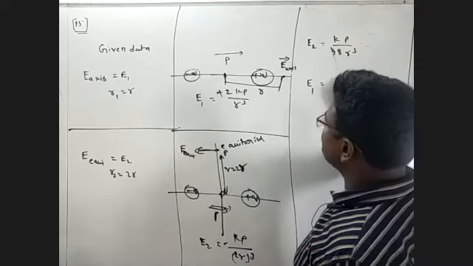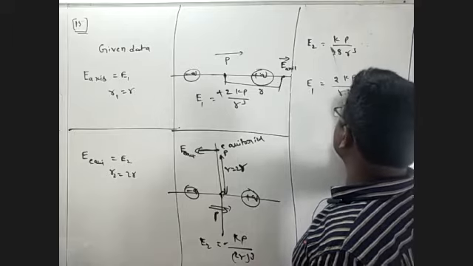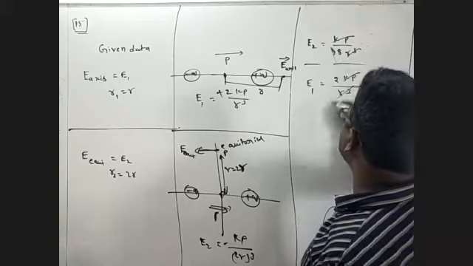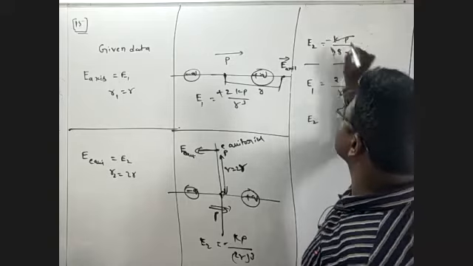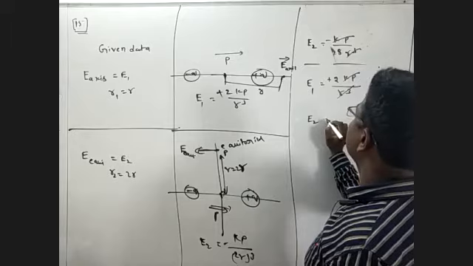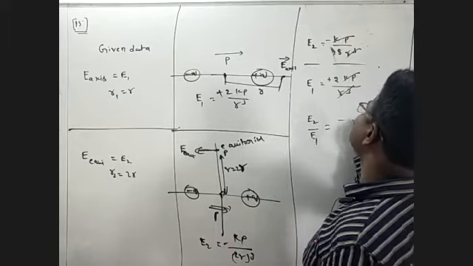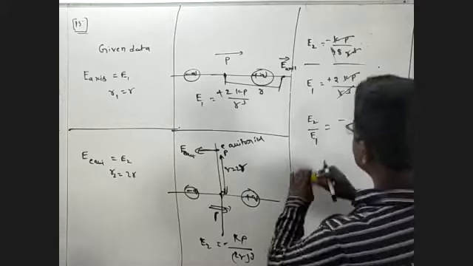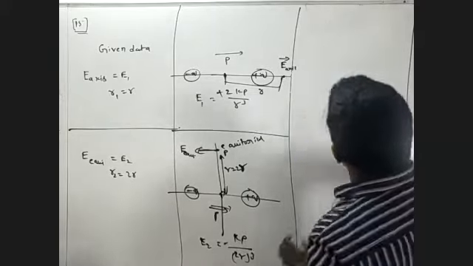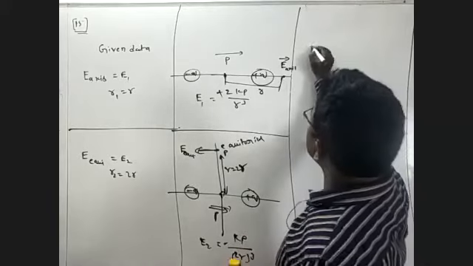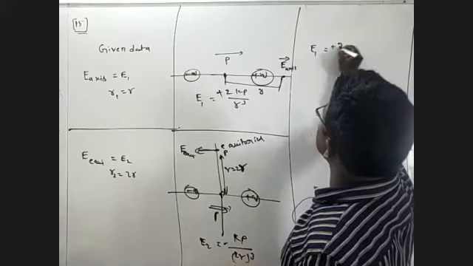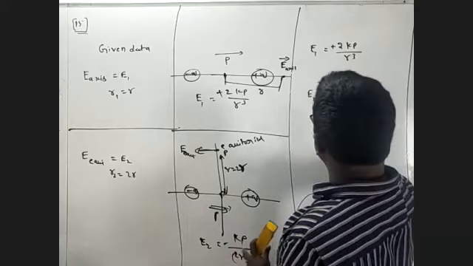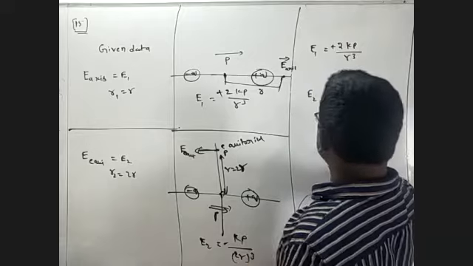E1 is equal to 2kp by R cubed. So E1 is 2kp by R cubed, and E2 is minus kp by 8R cubed.